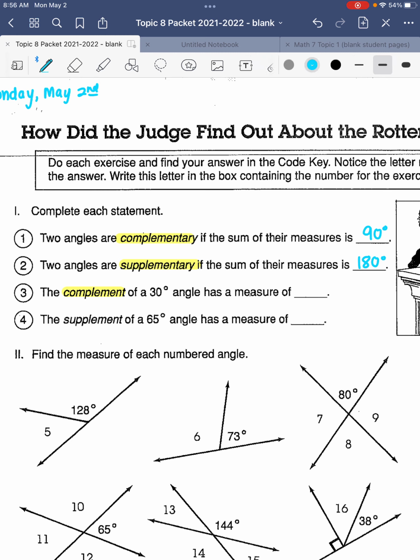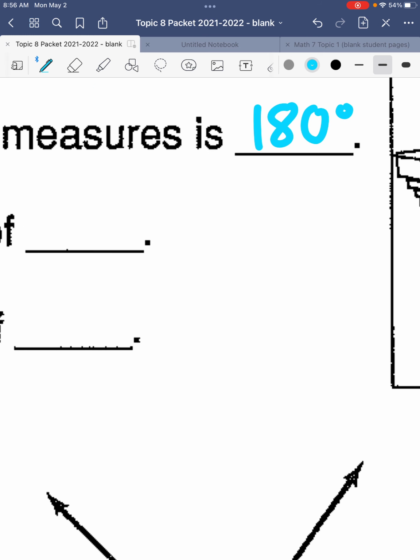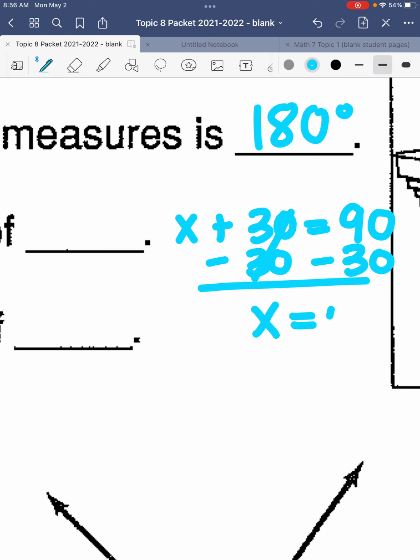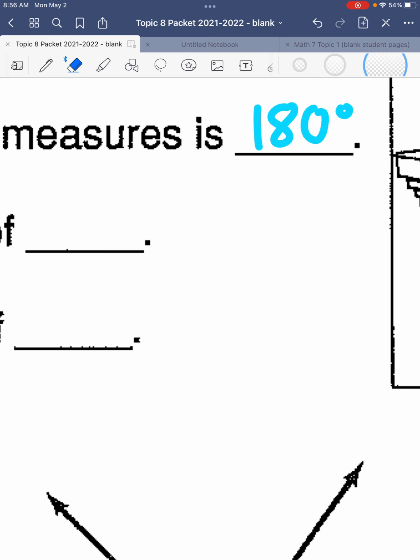Let's write this down. We have x plus 30 equals 90, because they're complementary. I would subtract 30 on both sides, and I would end up with x equals 60 degrees.